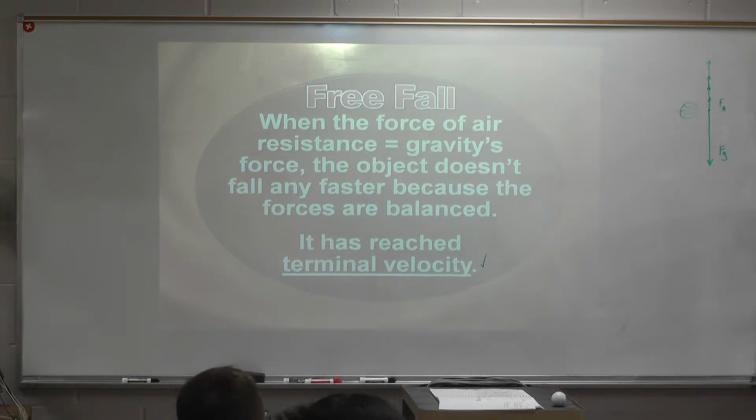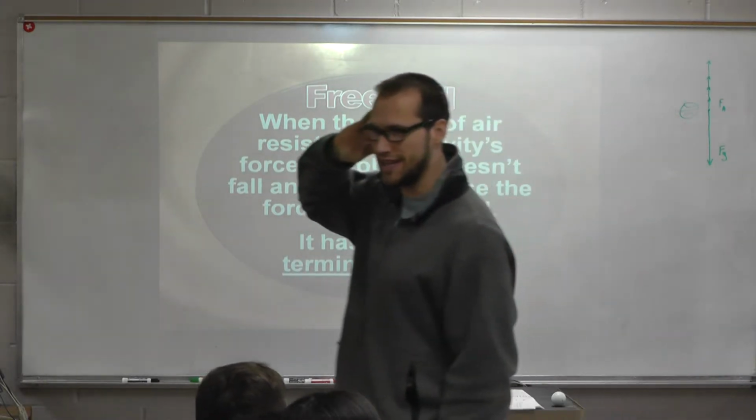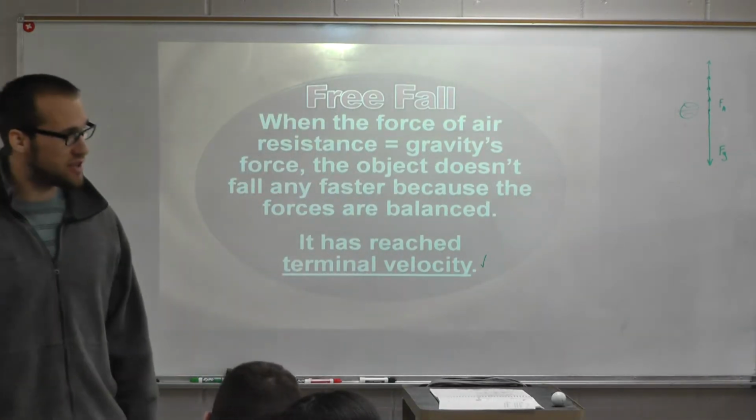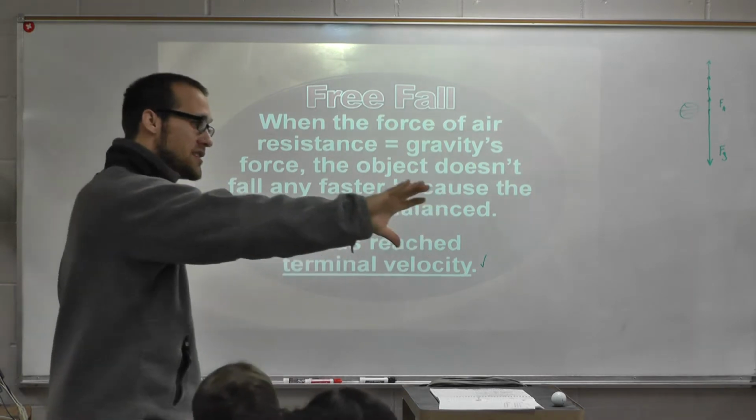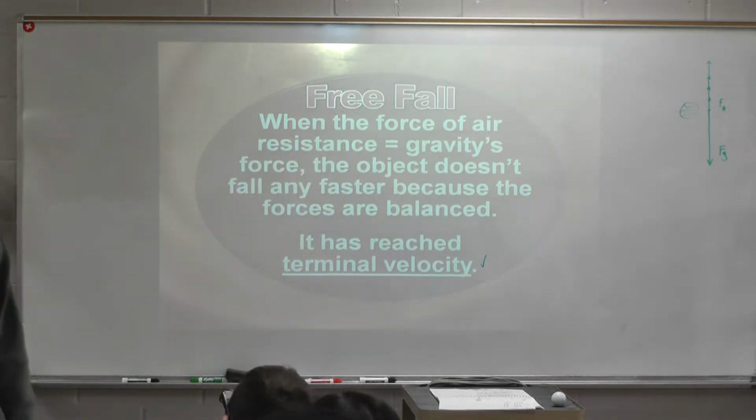Balance out the gravitational force. And at that point, can the object get any faster? No. Okay, so it accelerates all the way up to that point. As soon as you get the balanced forces, it will just continue to fall at constant speed. Are we starting to see some of the stuff we talked about at the beginning of the chapter? Starting to play out here now in the middle of the chapter? Okay.